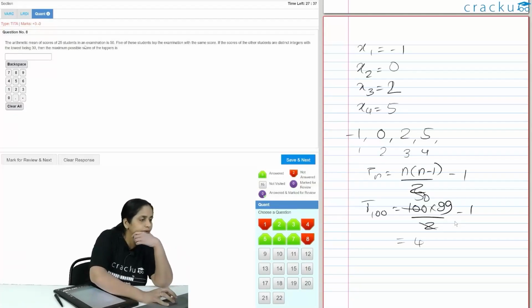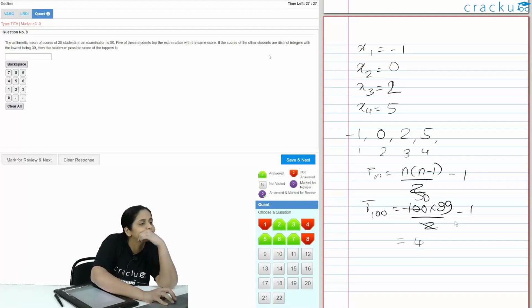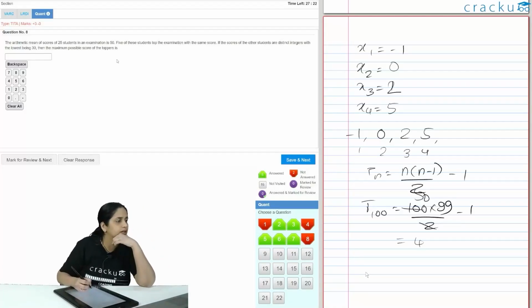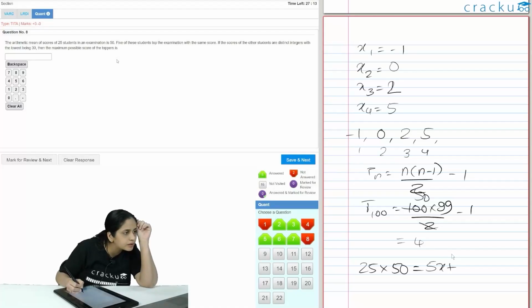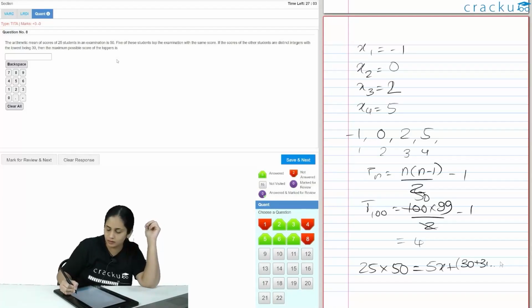The arithmetic mean of scores of 8 students is. Okay, so we have that 25 into 50 is the sum, and this includes 5 times x, which is the toppers, and then you have 5 remaining 20, so 30 in 30 plus 31 till 20 different scores.